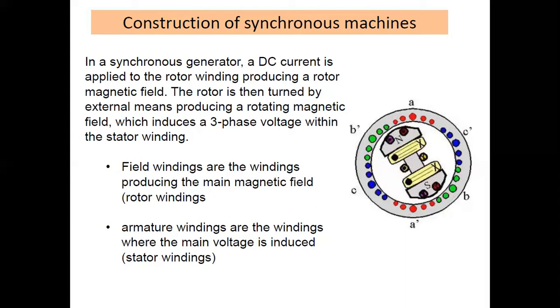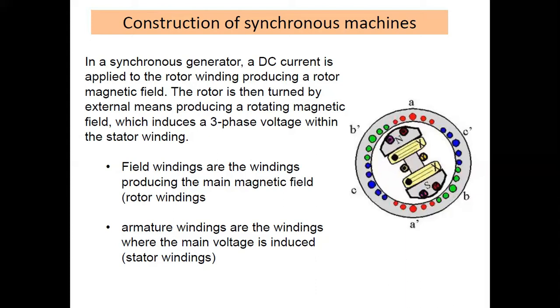As the rotor is rotated externally, since it is connected to the prime mover, the magnetic field also rotates. This rotating magnetic field will be cut by the conductors or winding placed on the stator, which is the armature winding.